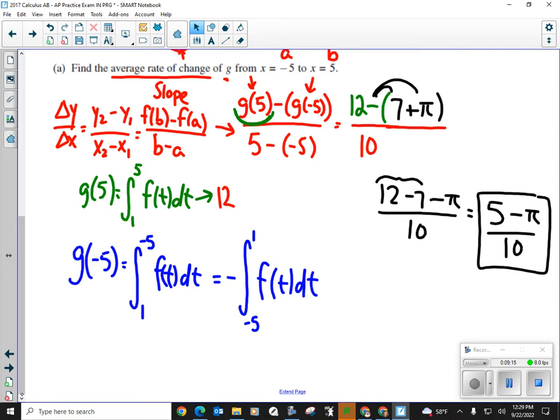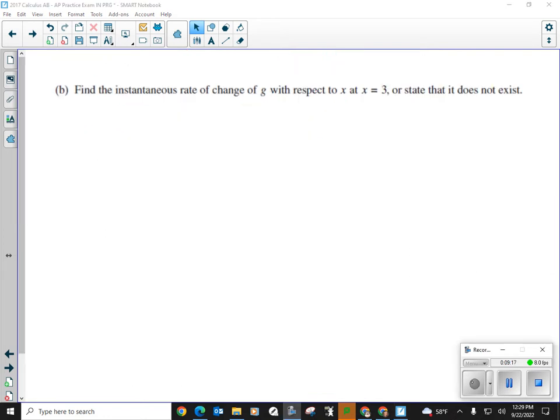Let's go on to B. And B says, find the instantaneous rate of change of g with respect to x at x equals 3, or state that it doesn't exist if you can't find it. All right. First of all, let's recall what g was.